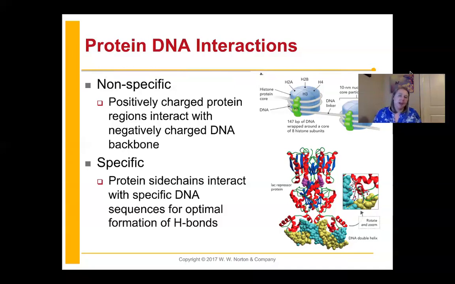We talked about how the histones, for example, are positively charged and they interact with our negatively charged DNA backbone, and the DNA can wrap around that nucleosome and stabilize it and compact it, right? What we're going to talk about is specific side chain interactions of a protein with specific DNA sequences. And the way that this is done is through optimization of hydrogen bonding.